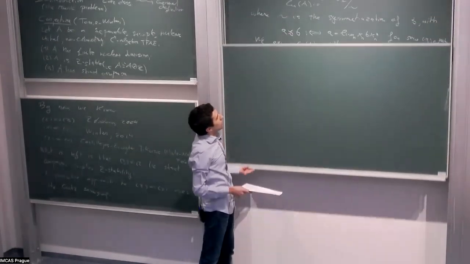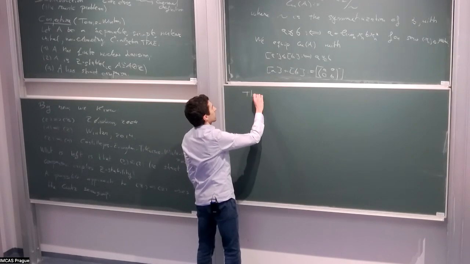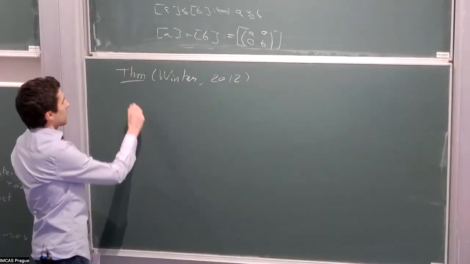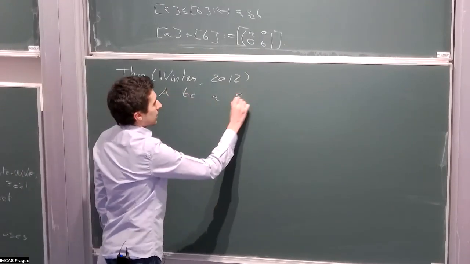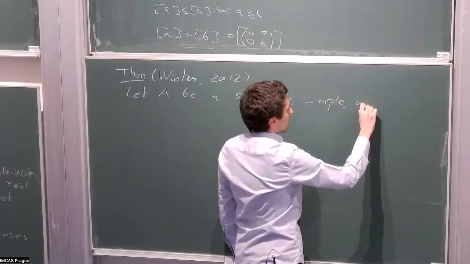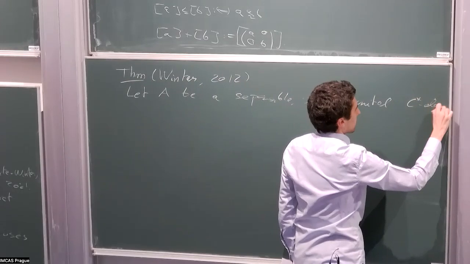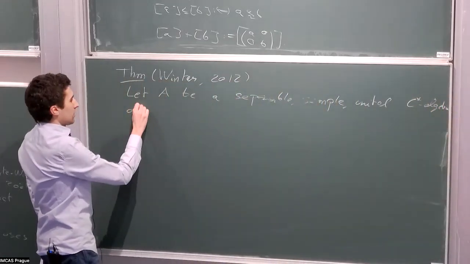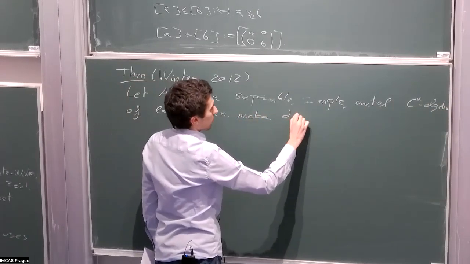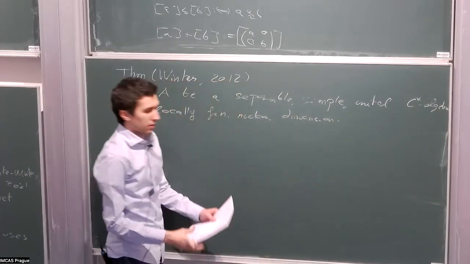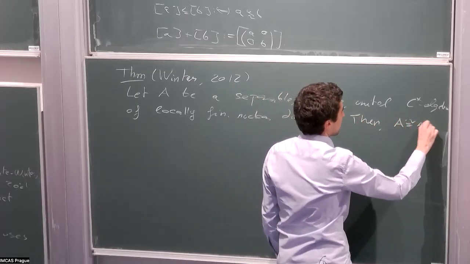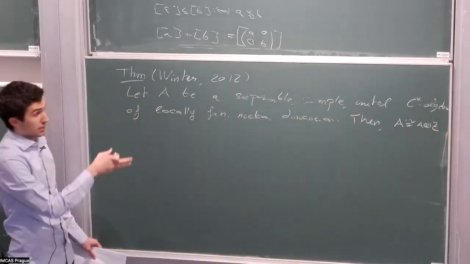So what he proved, Winter 2012, is that if you have a separable simple unital C*-algebra of locally finite nuclear dimension, and I will comment on this in a second, then being Z-stable, so absorbing the Jiang-Su algebra tensorially, is the same thing as this happening in the Cuntz semigroup.